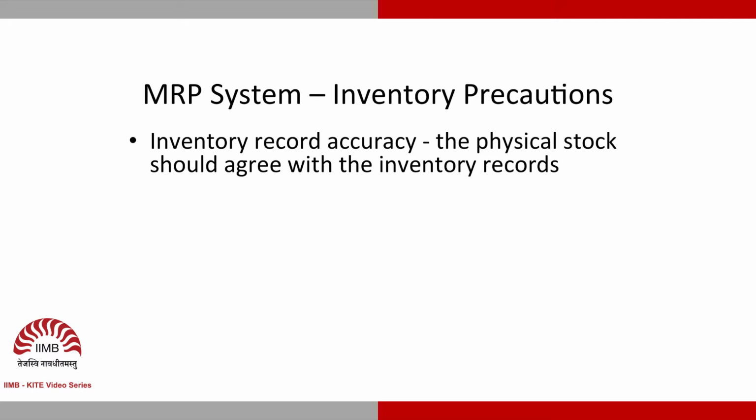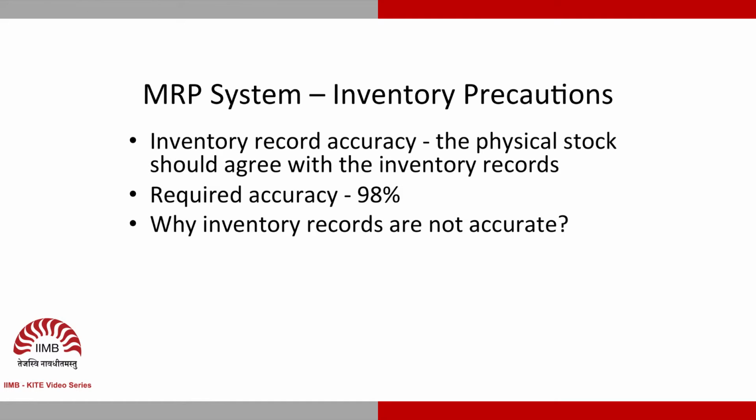Likewise, if I look at all the inventory items in the system and see how many records are accurate, we need at least 98% of such records to have good inventory record accuracy. Now, we are saying record accuracy is 98%, but just think of why inventory records are not accurate.